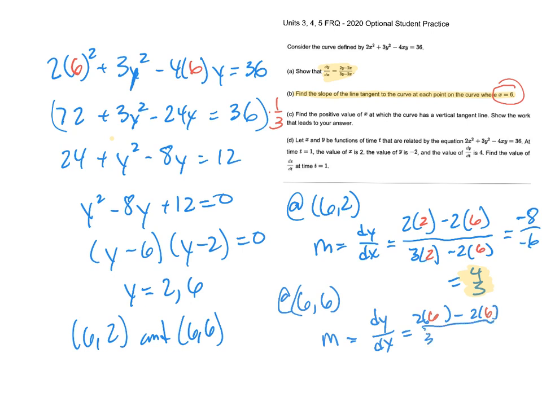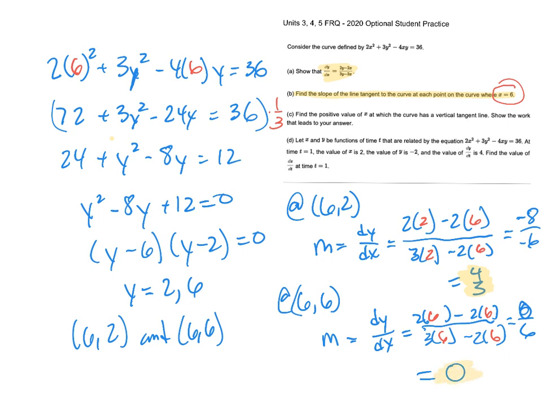And it's going to be 3 times 6. So we're going to get 0 here. Let's clean that up. So this is going to be 0 over 18 minus 12, which is 6, so that's just 0. So the slope at 6, 6 is 0.